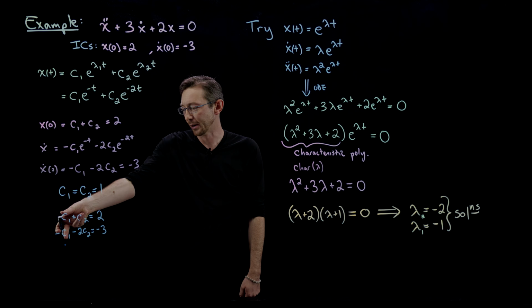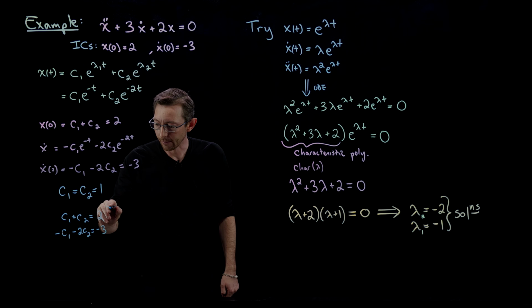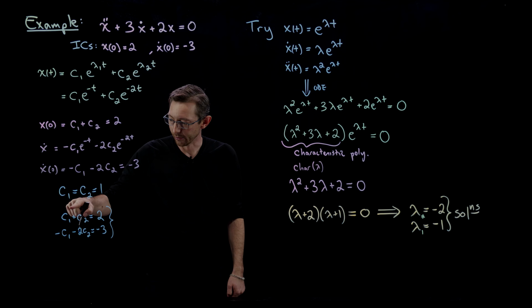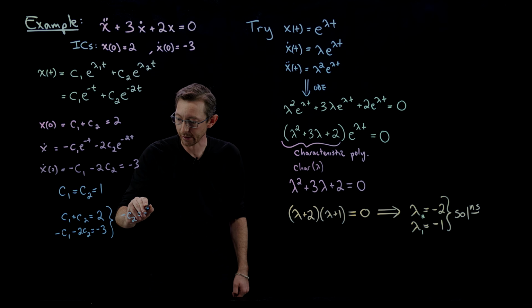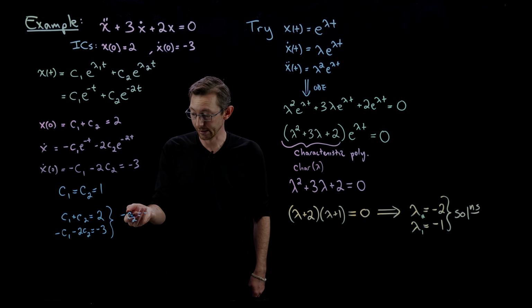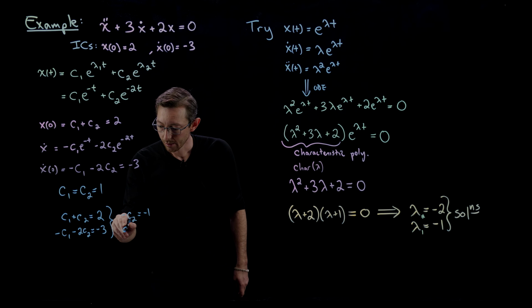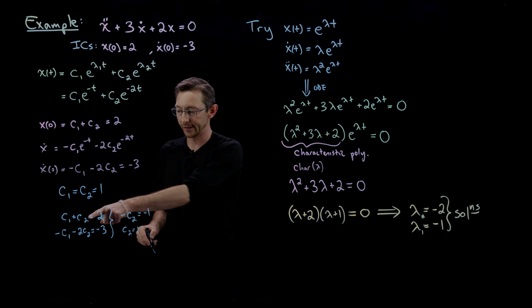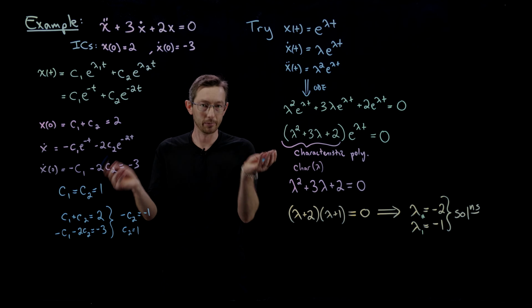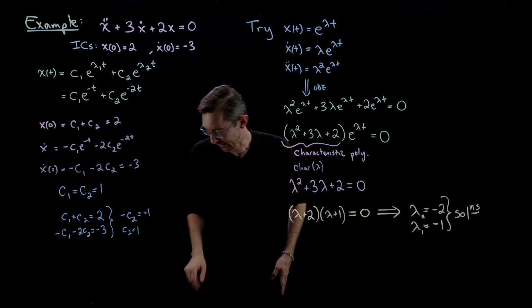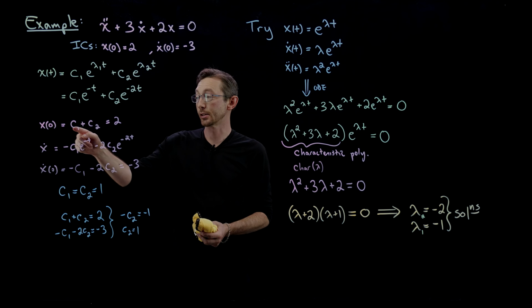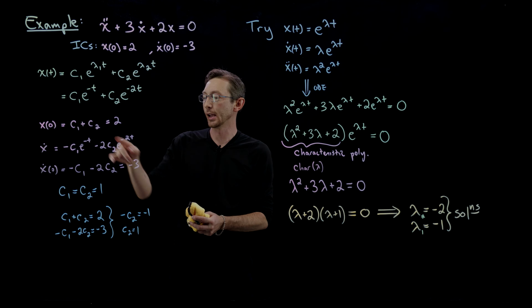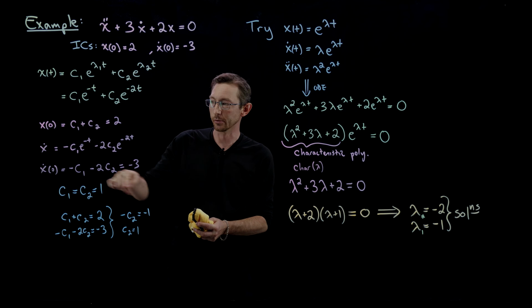I think what I would do is add these together, and the c1s cancel, and I get minus c2 equals -1, which of course implies c2 equals +1. And then if c2 equals 1, then c1 has to equal 1, and we're done. So it's easy to solve for these coefficients with these initial data. We get that c1 equals c2 equals 1.